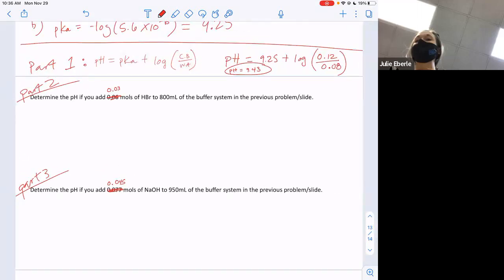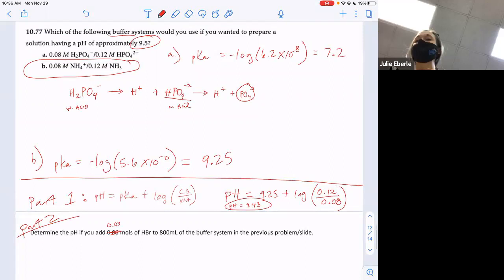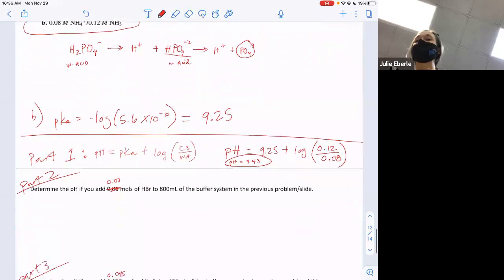Okay, so it says determine the pH if you add 0.03 moles of HBr to 800 milliliters of the buffer system in the previous problem slide. And since B was the one we wanted to go with, that would have the closest pKa. That's the one we're going to assume we're working with, although you could do this with part A too.